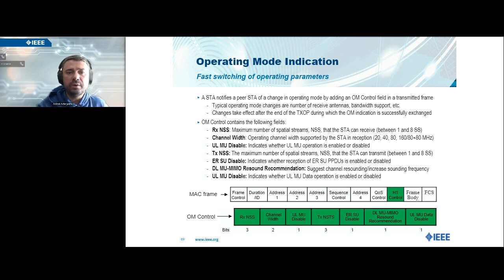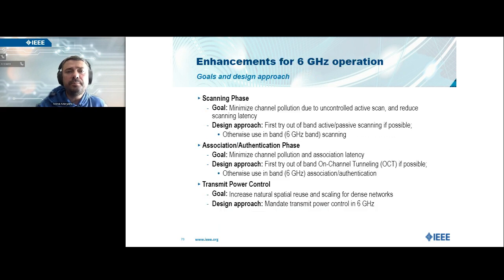And there is also the downlink MU-MIMO resound recommendation, which suggests increasing sounding frequency and the disablement of the uplink MU data operation as well. So that's from a power save perspective.